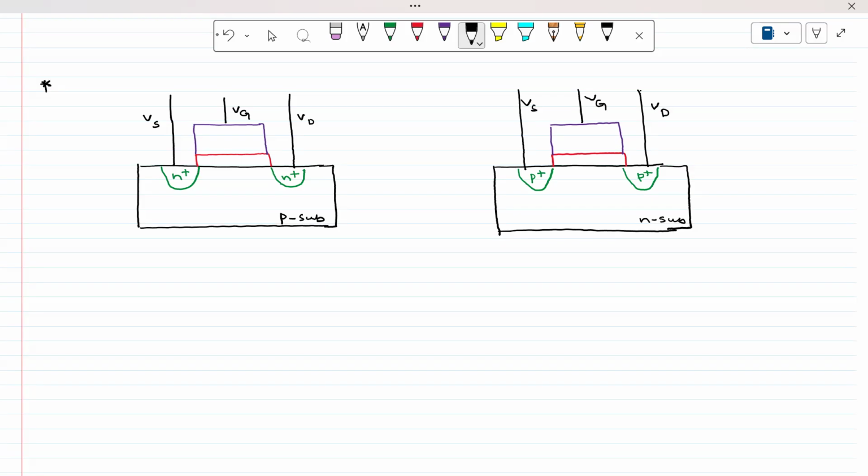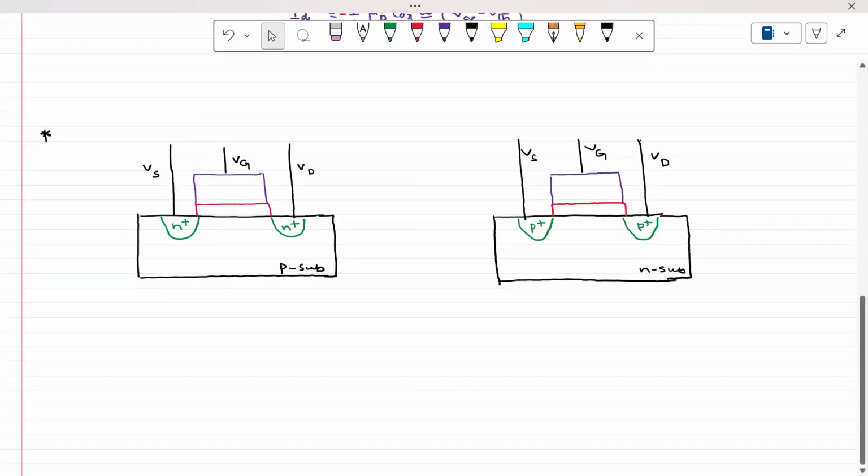Now tell me what potential I have to apply at the gate of the NMOS transistor? Positive or negative? Positive. Whenever you apply a positive potential, then only the channel will be formed. If you apply negative potential, the channel can never form. Therefore, what I'm going to do here is apply a positive potential. What about the gate source?